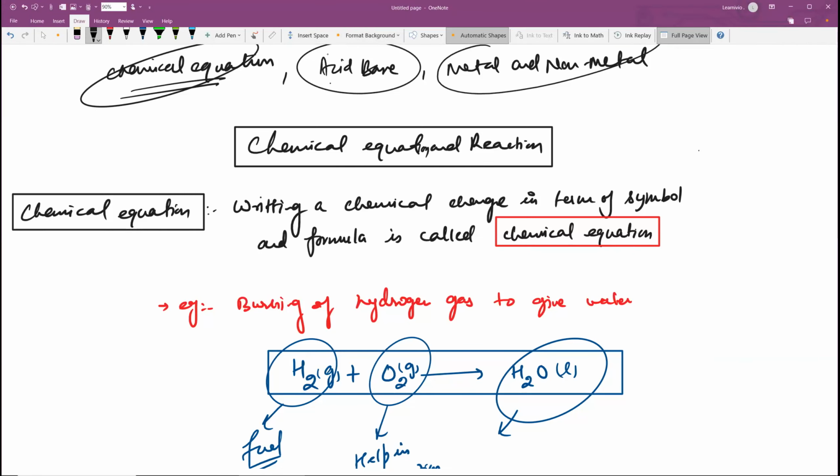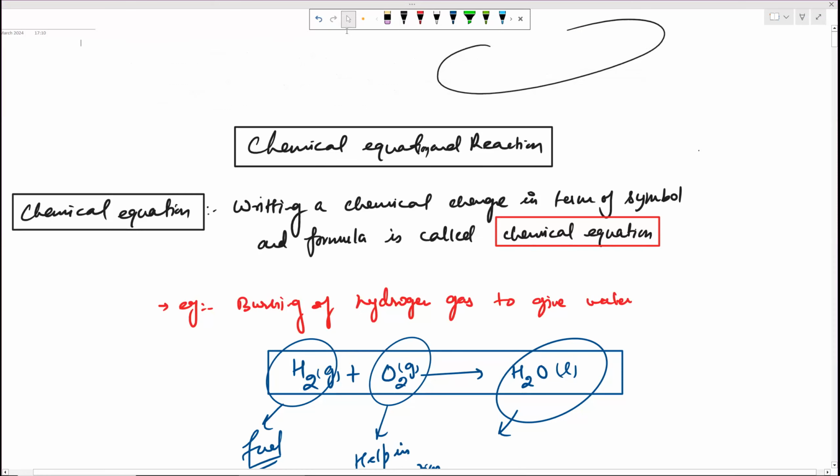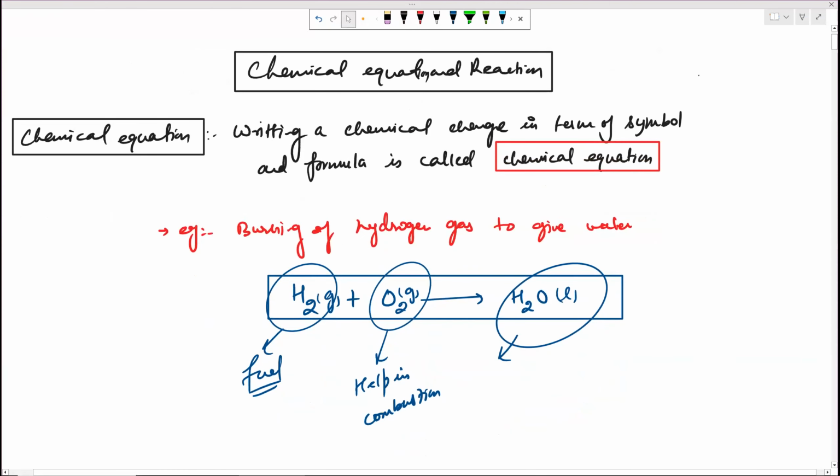So in this chapter, what is a chemical equation? When you write a chemical change in terms of symbols and formulas, it is considered a chemical equation.